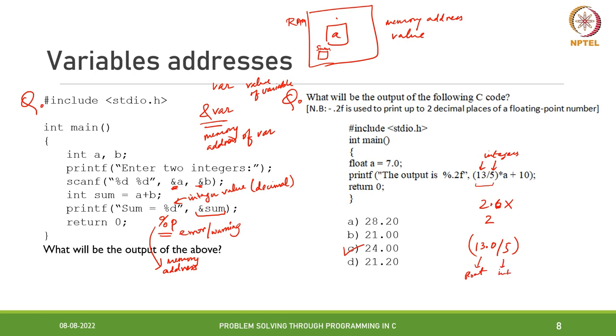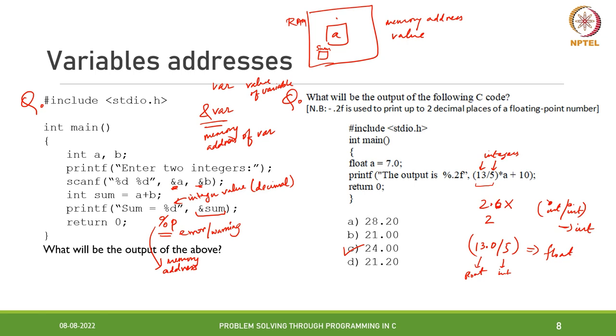But now you are dividing an integer by an integer, so it will give you an integer result. That is a peculiarity of C: if you divide two integers, you will get an integer as output. It will just ignore the places after the decimal. So it will give you 2 here.